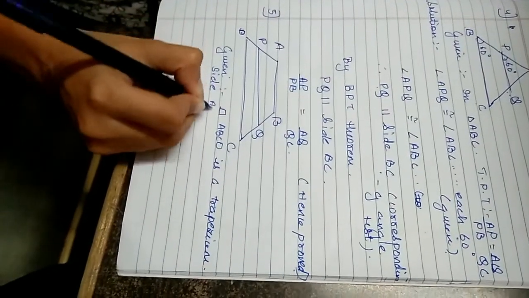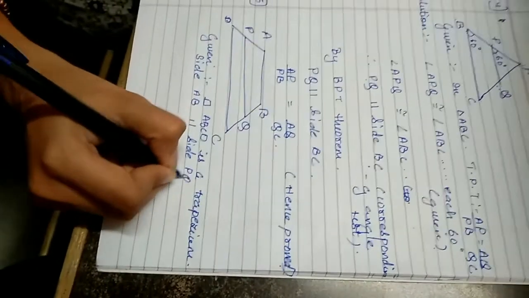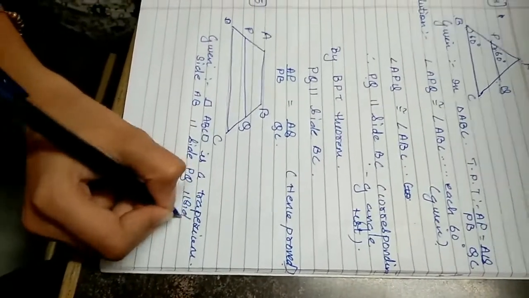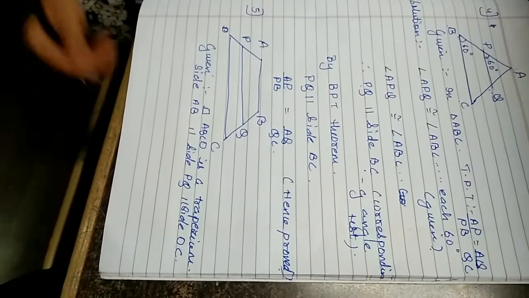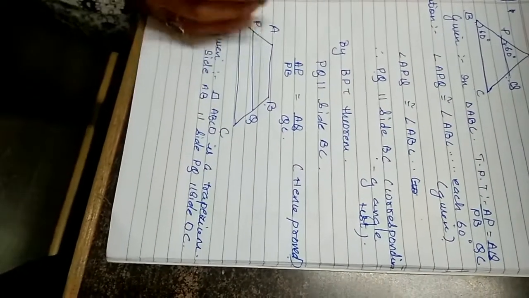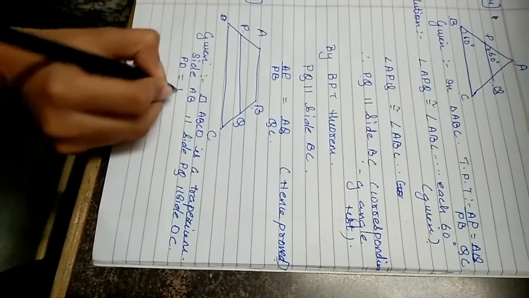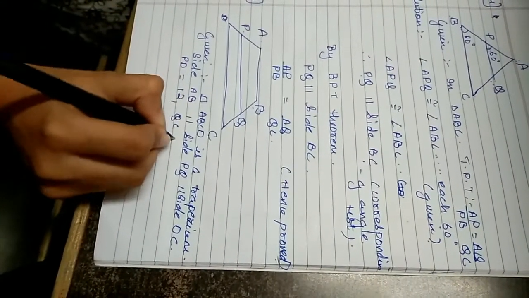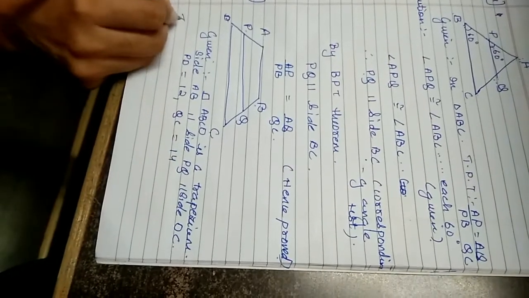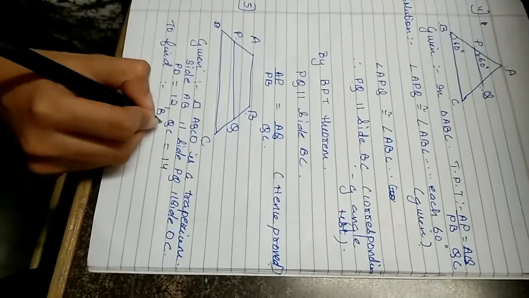Side AB is parallel to side PQ and side PQ is parallel to side DC. That is, AB is parallel to PQ, PQ is parallel to DC. Values are AP is equal to 15, PD is equal to 12, QC is equal to 14. To find BQ. Solution.